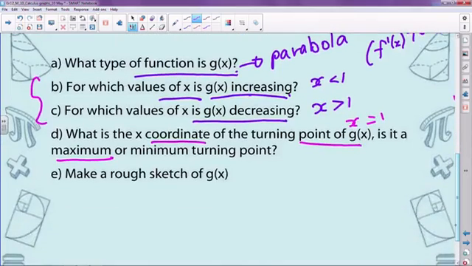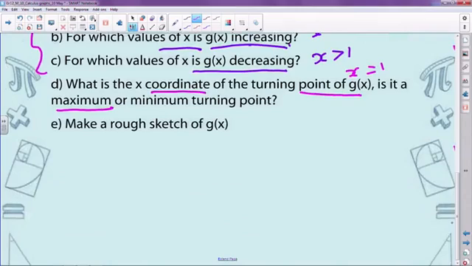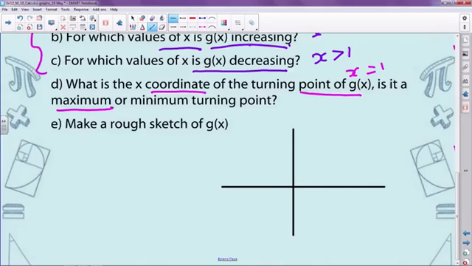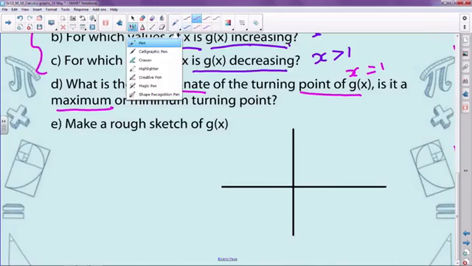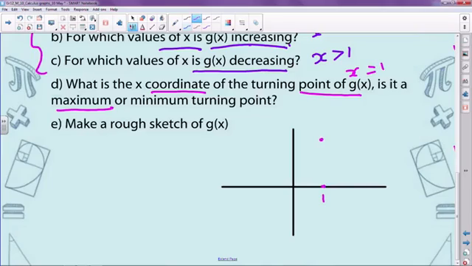Okay, now we have to make a rough sketch. A rough sketch means we don't have all the exact values. So we're going to quickly draw a rough sketch of what g of x could look like. The one thing that we know about g of x is that at x is equal to 1, the graph is going to turn and it's going to have a maximum turning point. So we know that the graph is turning at that point, so therefore we can put that point down.